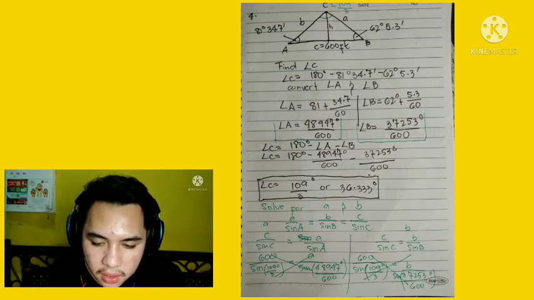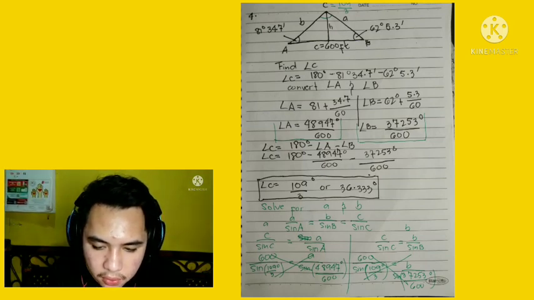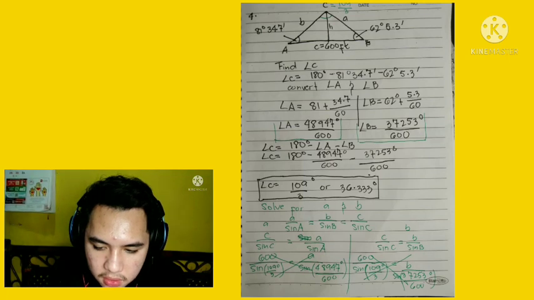Convert our angle A and our angle B. So angle A is equal to 81 plus 34.7 over 60, and our angle B is equal to 62 degrees plus 5.3 over 60.